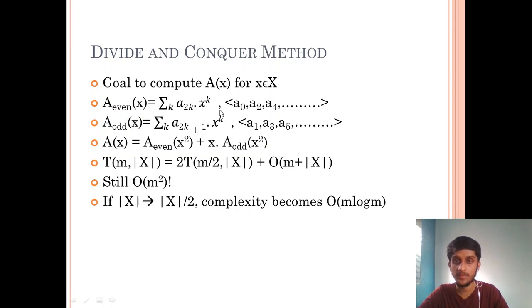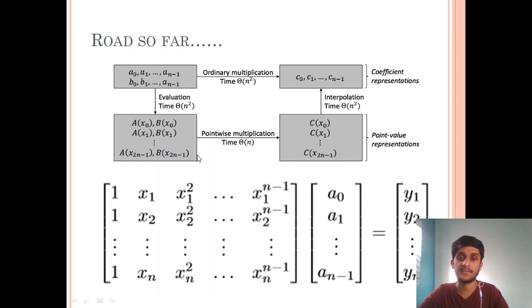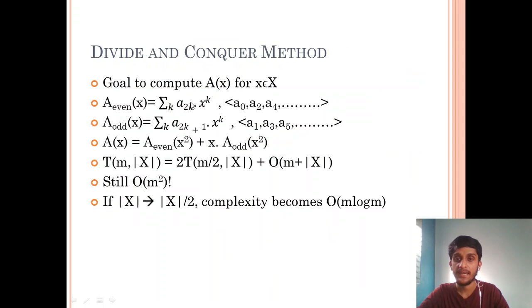A even would be a coefficient vector with all the even entries A0, A2, A4 till n, and A odd will correspond to all the odd entries. Like we wrote for the C equation, we can write the polynomial form for A even and A odd.